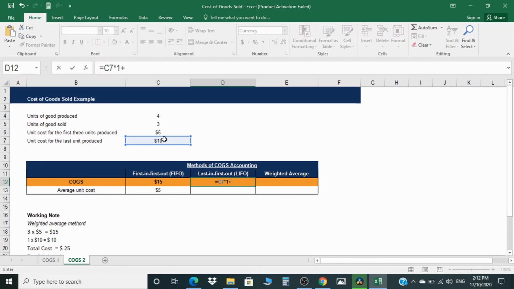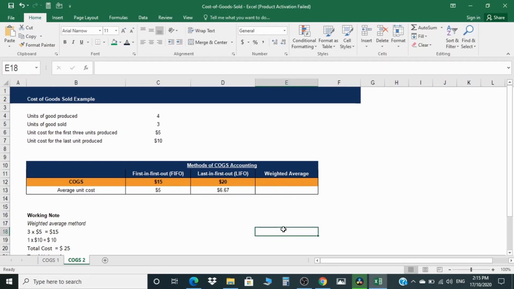You already sold 1. How many do you need to sell? You need to sell 2 more. So the 2 more are at $5, and you get your $20. Take 20. How many units are you selling? Just 3. Divided by 3, you'll get 6.